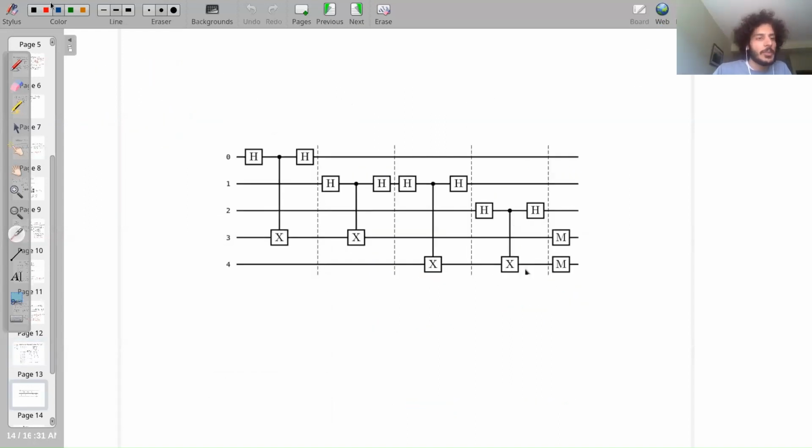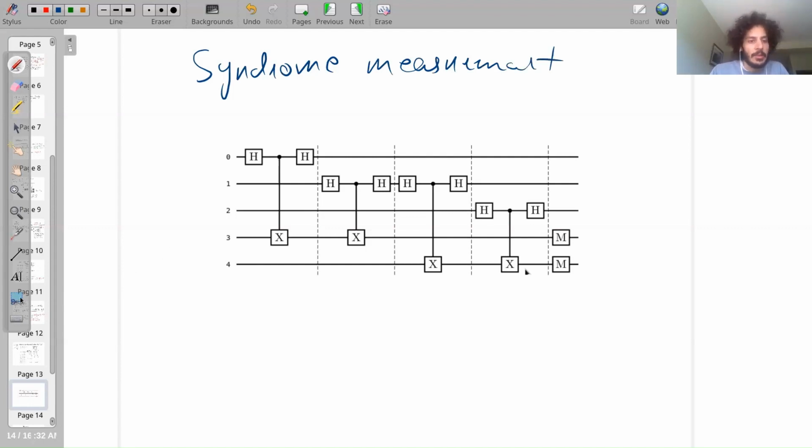So the syndrome measurement circuit for the repetition code is something like this. The idea is that you get psi tilde over here and you have 0, 0 over here, and we will just employ the same circuit that we just employed for the bit flip code.